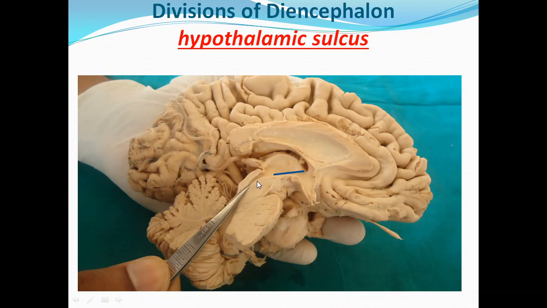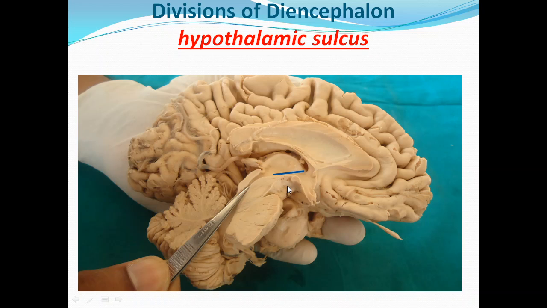This is midbrain. The cavity of midbrain is known as cerebral aqueduct. So from the cranial end of the cerebral aqueduct to the interventricular foramen of Monro, there is the hypothalamic sulcus, which divides the diencephalon into two parts. This is pars ventralis and this is pars dorsalis. Pars dorsalis lies above this sulcus, and pars ventralis lies below this hypothalamic sulcus.